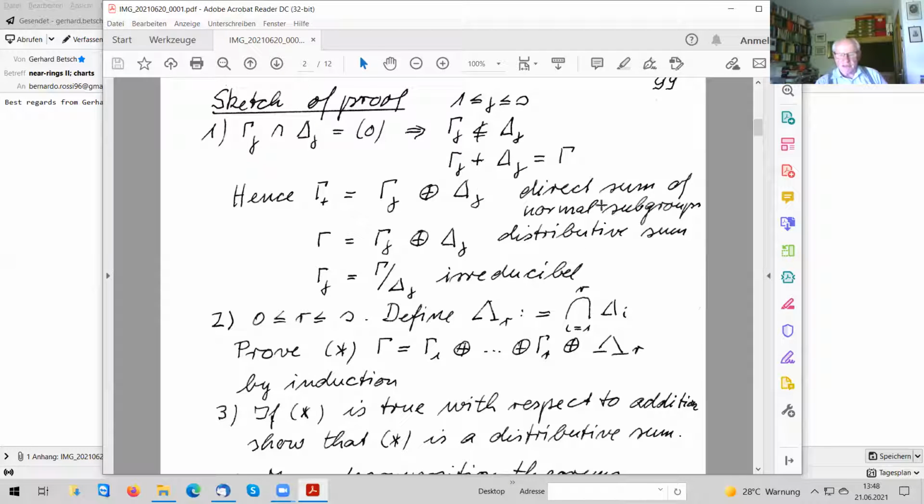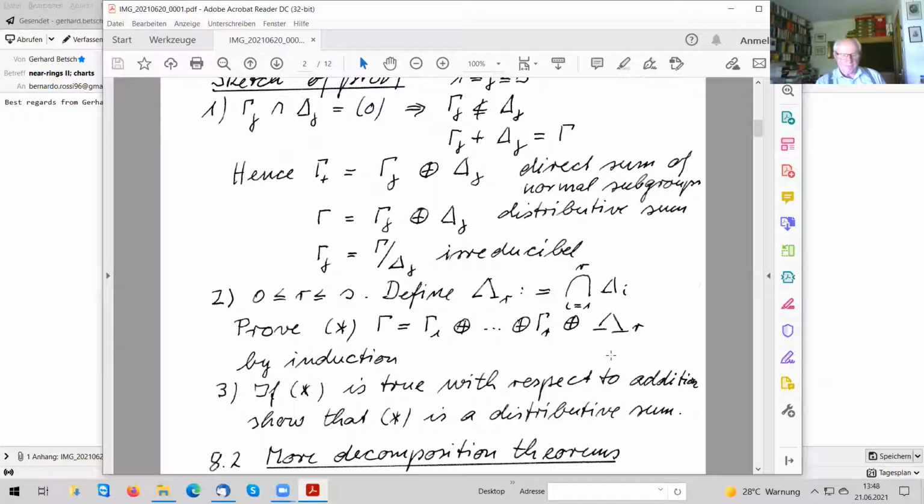Both are normal subgroups of the additive group of gamma. And we discussed this. We proved that in this case, both are n submodules, so we have a distributive sum, and this factor module is irreducible.